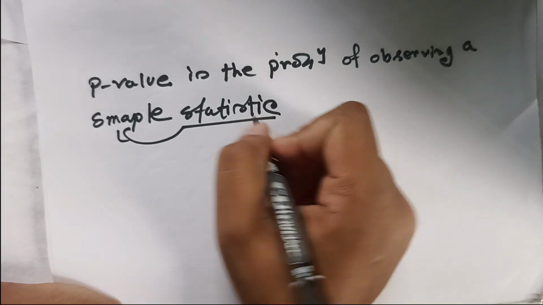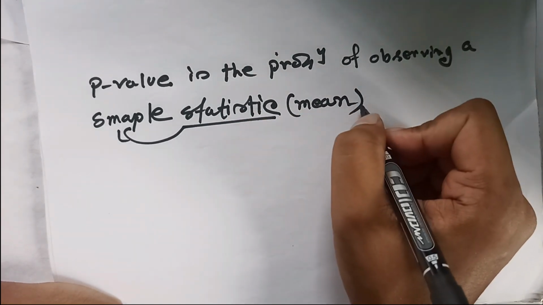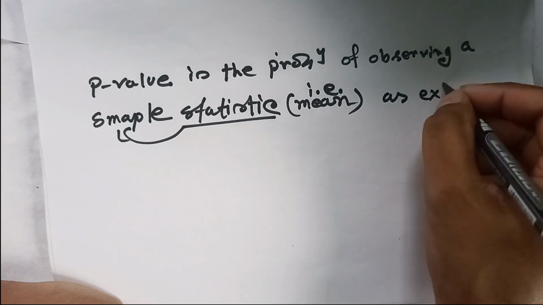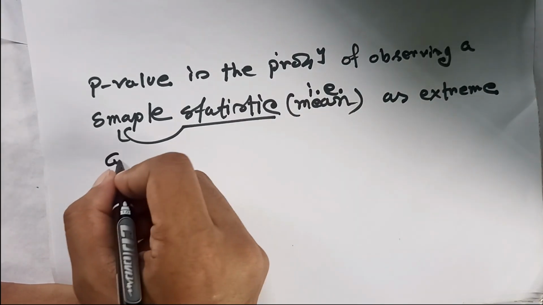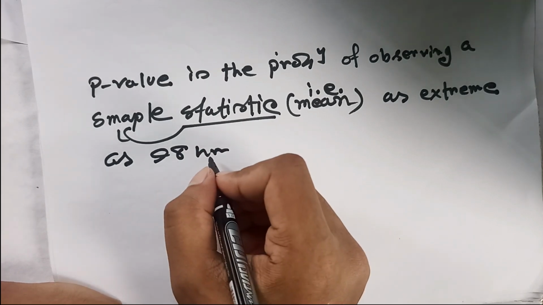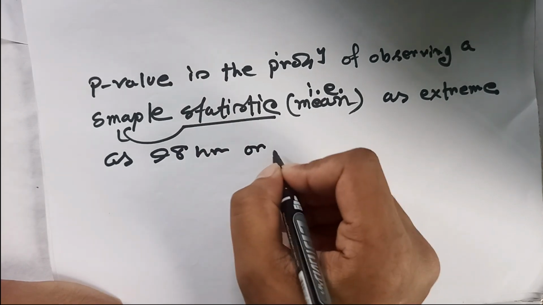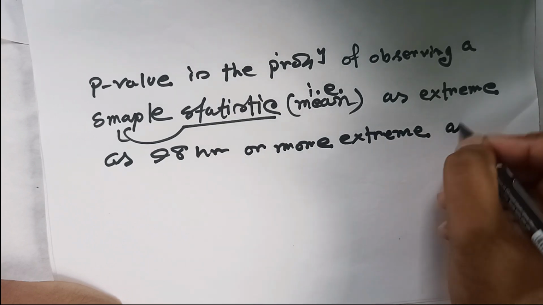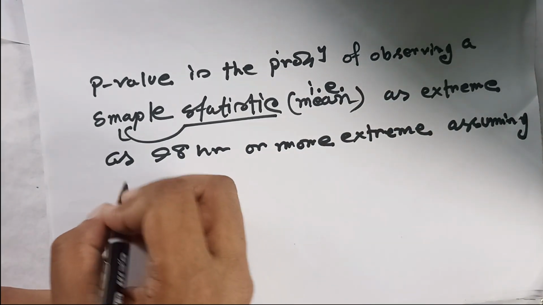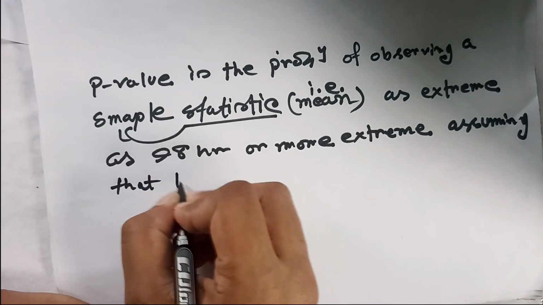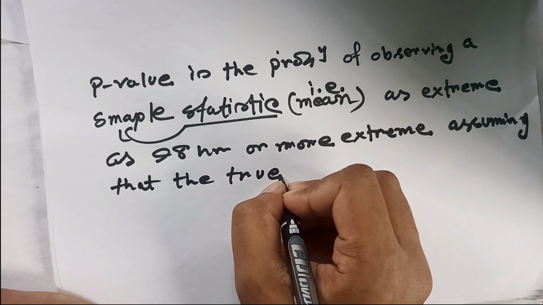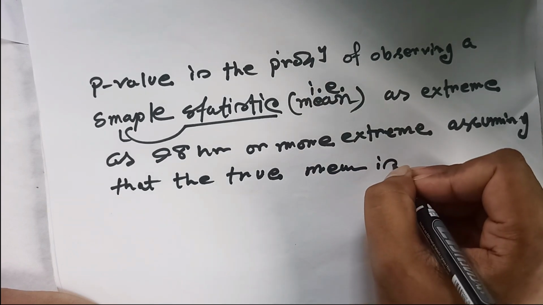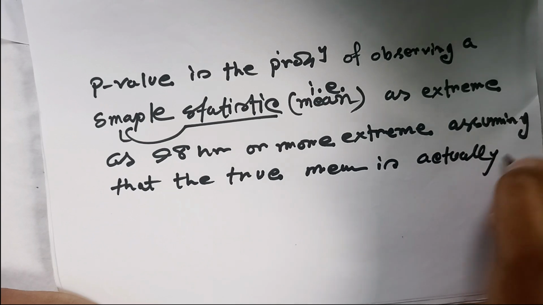You can directly use statistic, like here for mean, as extreme as 98 hours, because it's rare, 2.28% of the time, or more extreme, assuming that the true mean is actually 100.